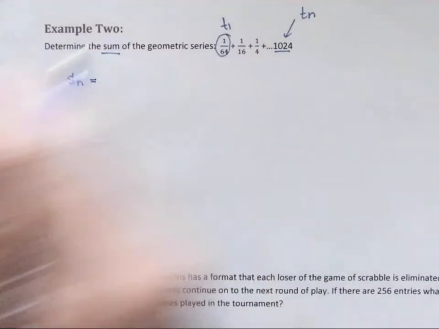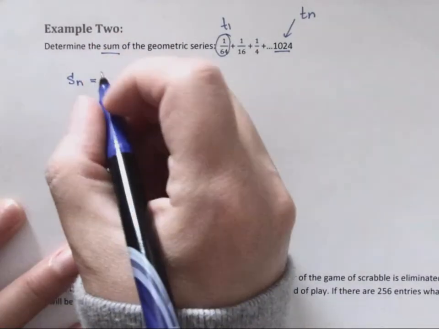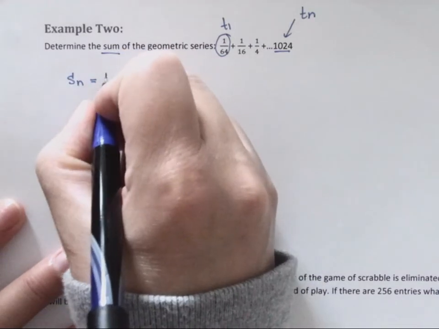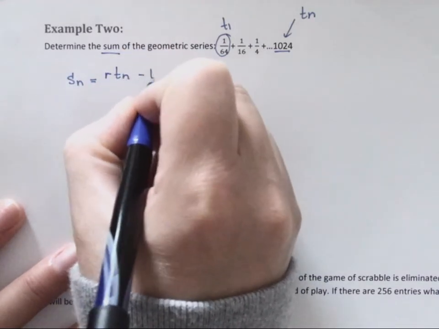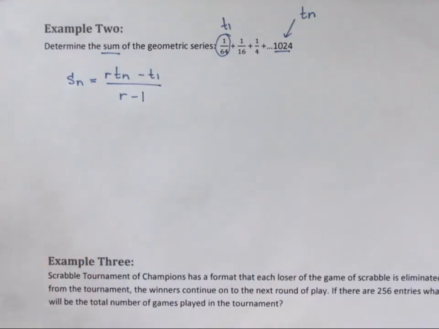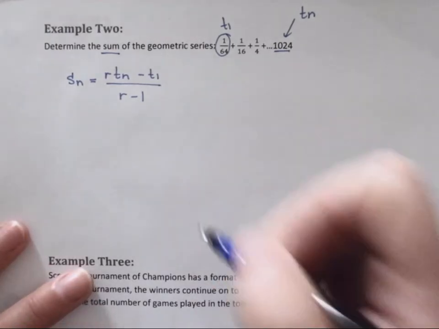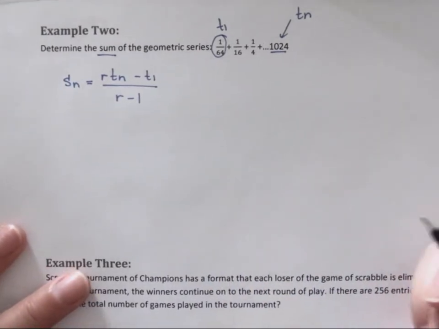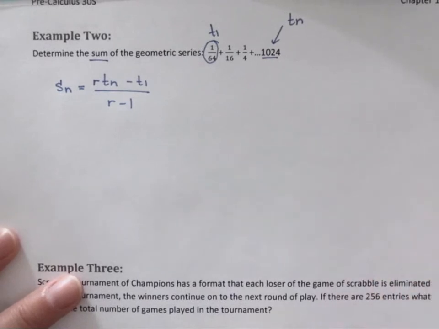So Sn equals r times Tn minus T1 all over r minus 1. Note, I'm not writing the restriction. I don't have to, but I do have to pay attention to it if I were calculating r. In this case, do we know what r is?